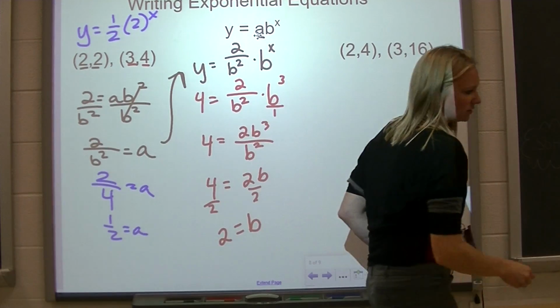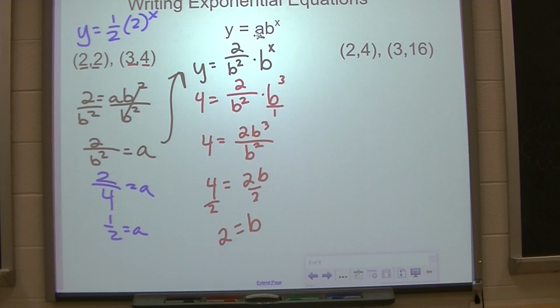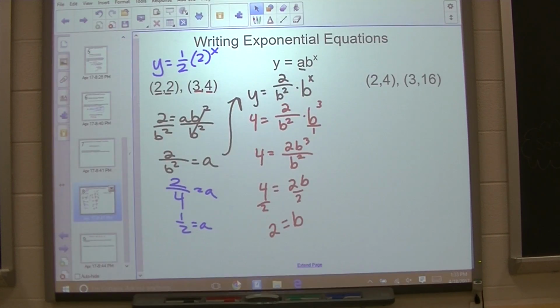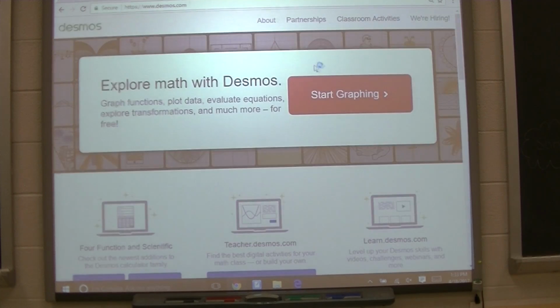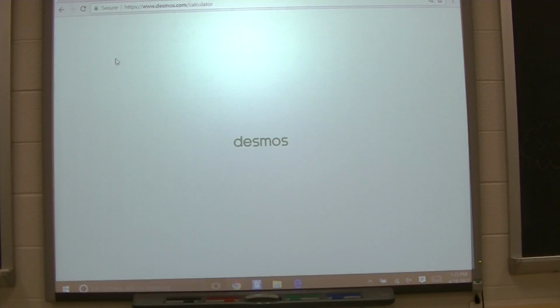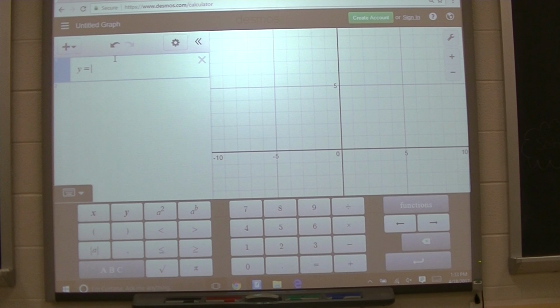And by all means, I'm going to log into Desmos here so you can see how that worked for us. Desmos, y equals 1/2 times 2 to the power of x.